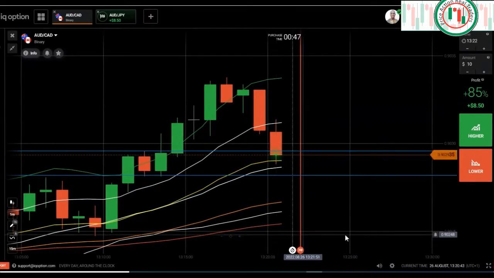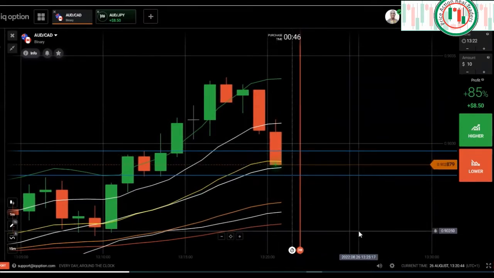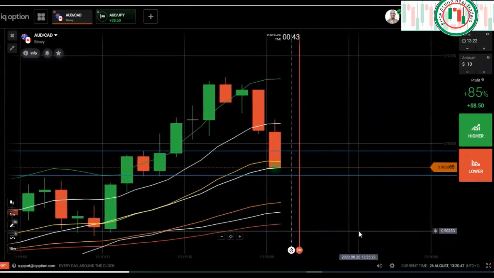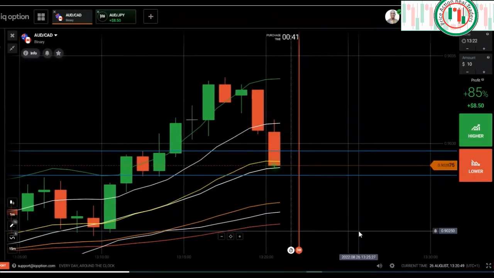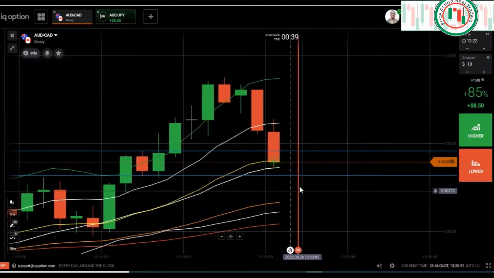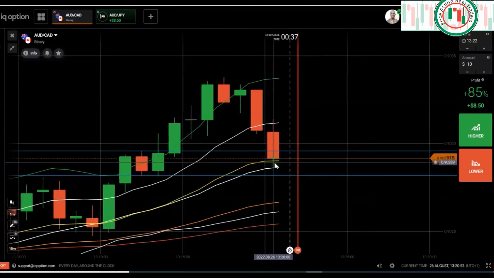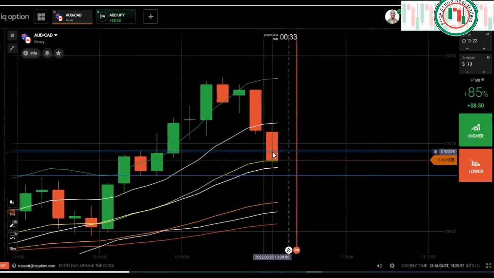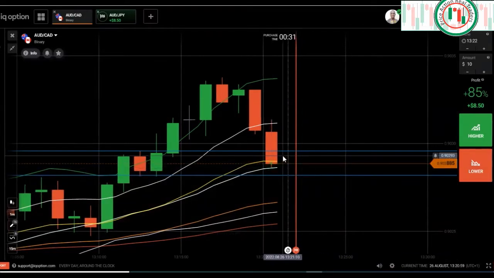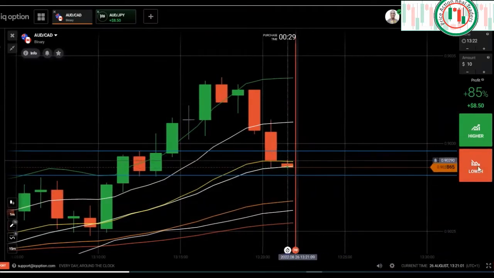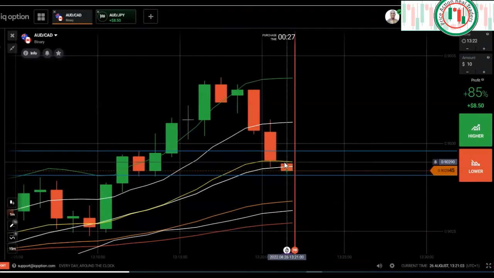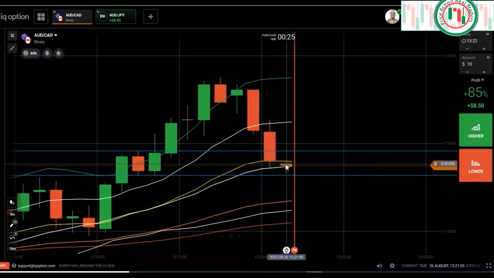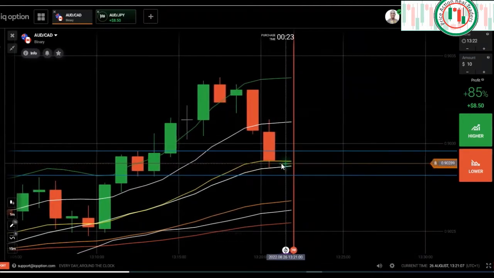you see rejection, see market is rejecting here. You see, you see gap down. So I told you, if you see gap down, don't place your trade.